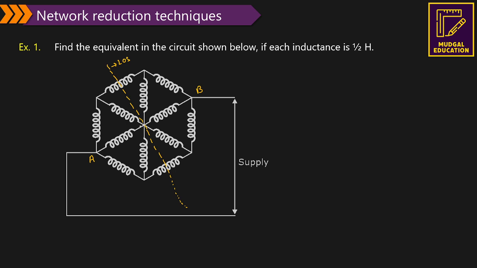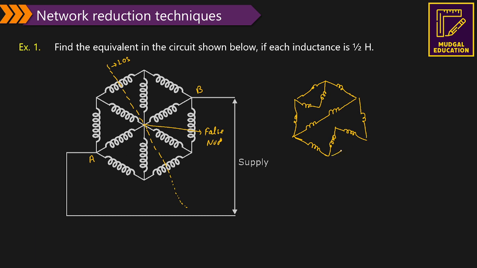Here you can see this particular node is nothing but a false node. So I can remove this particular node, and our circuit will become like this. Don't mind my drawing, but our circuit will become like this.